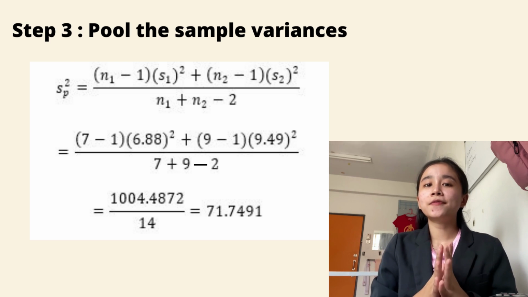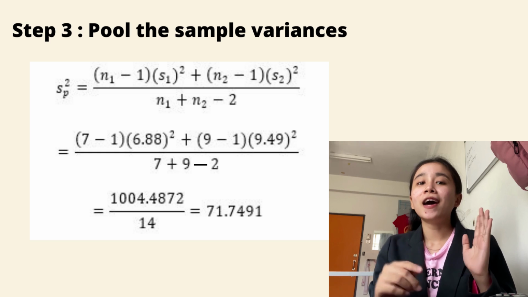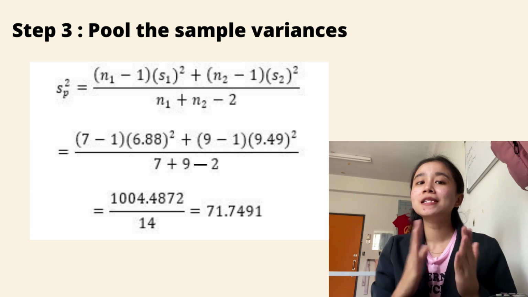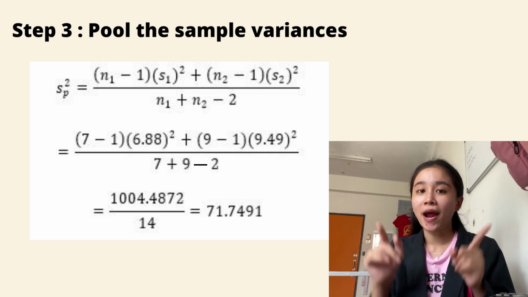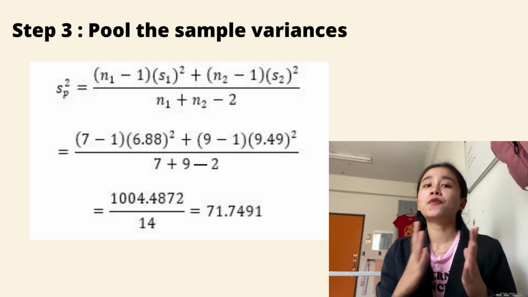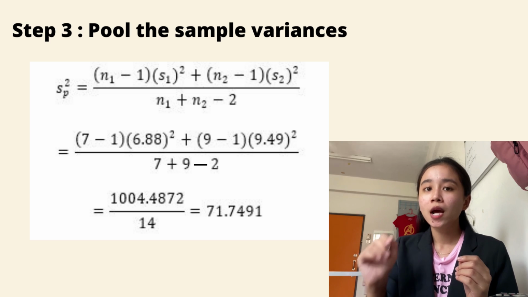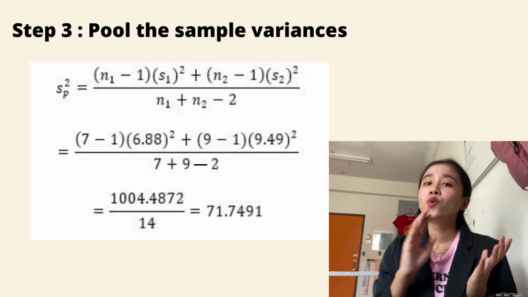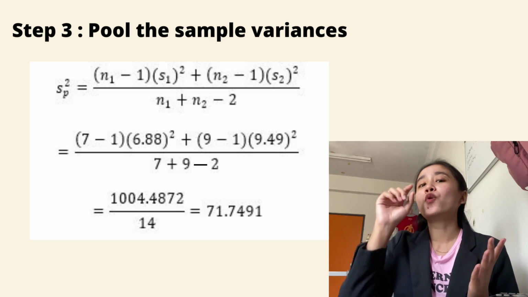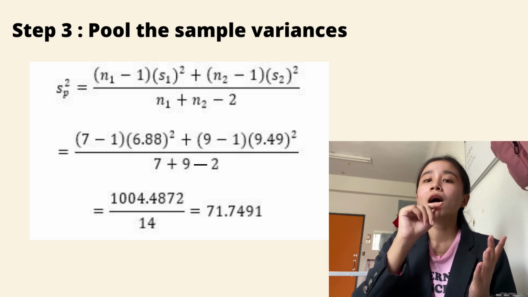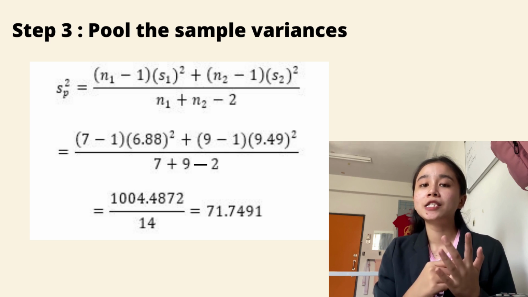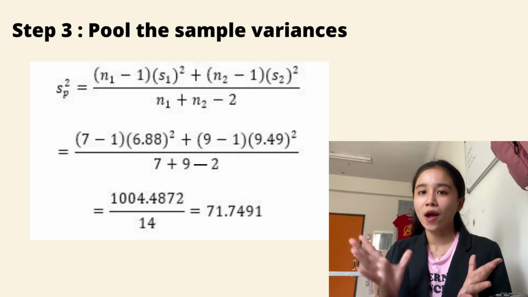The pooled sample variance formula is N1, in this case the sample size for women, so N1 minus 1 in brackets times the standard deviation for women squared, plus N2, the sample size for men, N2 minus 1 in brackets times the standard deviation for men squared.